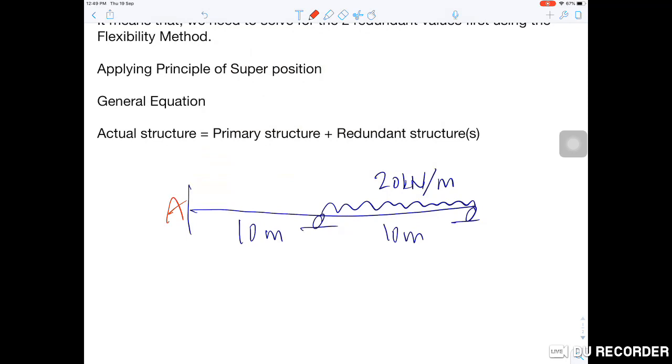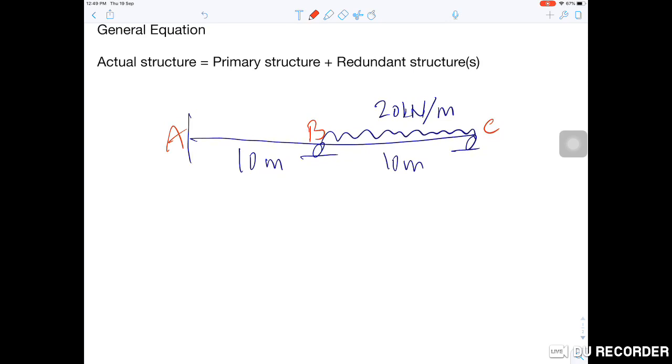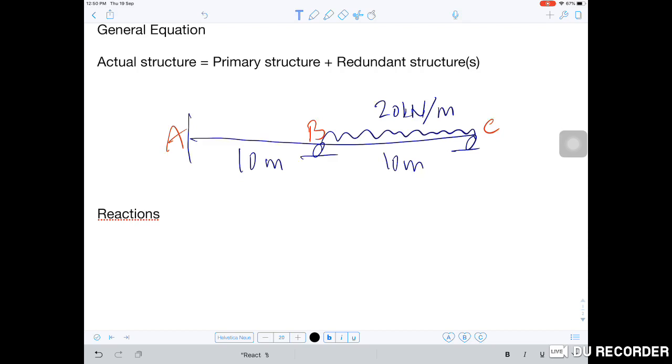This is A, B, and C. By referring to this beam, if we check for the reactions here, we have MA, we have AY, AX, BY, and CY.